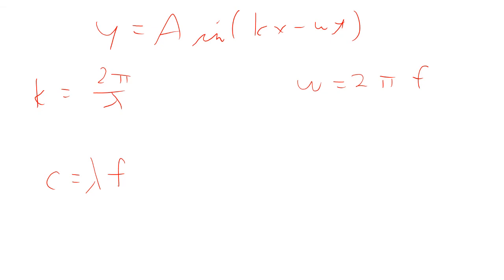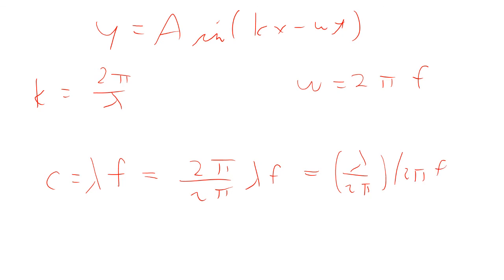So, that would be the same as 2 pi over 2 pi lambda f. Or in other words, this would be equal to lambda over 2 pi times 2 pi f.